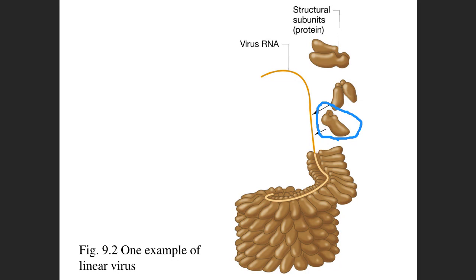Okay. Now, just to add a little bit of interesting history, there's a bacterial virus called M13. M13 is a linear DNA virus, and it's the first cloning vector.